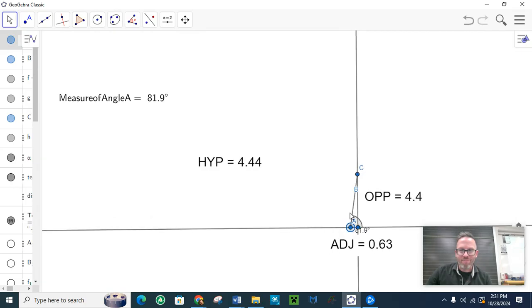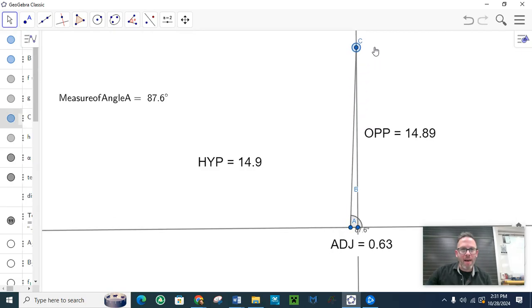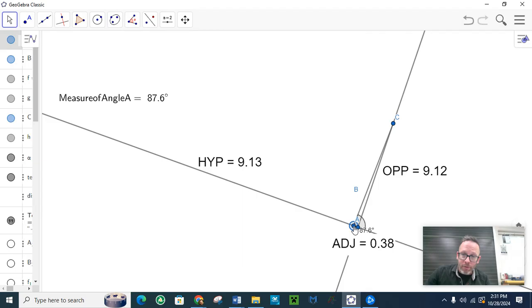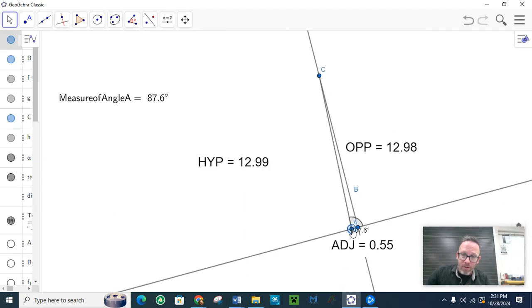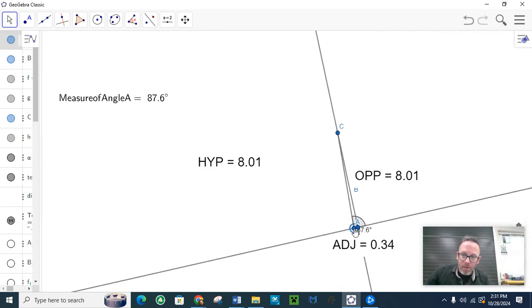Stretch this out. What are we at now? We're at 87.6. Observe the relationship this time between the opposite and the hypotenuse, and then observe what's happening to the adjacent side as the angle gets larger and larger. I'm not sure I can make this any smaller just with the resolution of my screen. I can make it kind of small.